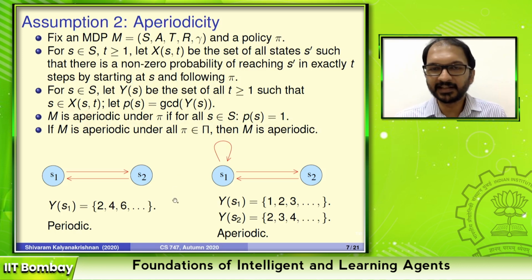So what is the GCD of 2, 4, 6, 8? It's 2, and that's different from 1, and therefore this MDP is not aperiodic under this policy. Well, there's only one policy here.